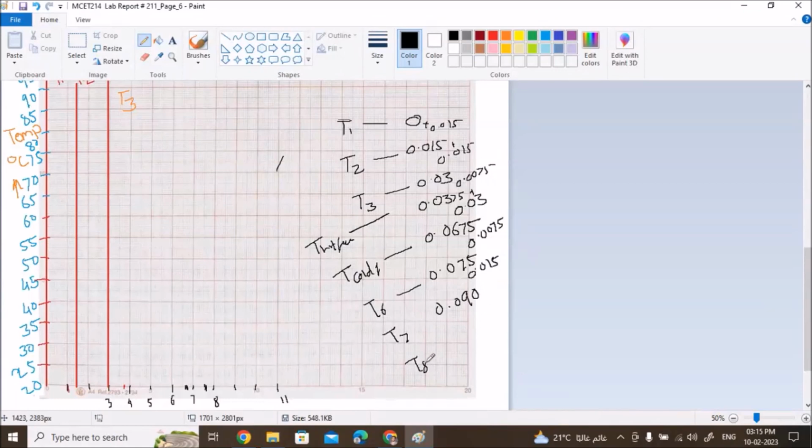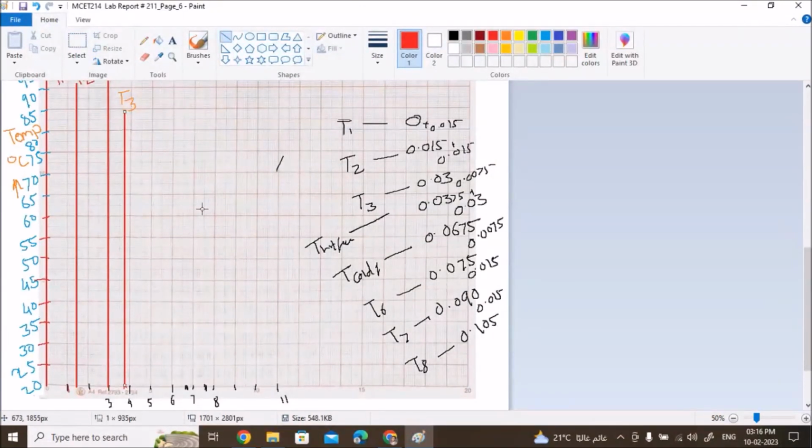Then the last, T8, again 0.015, so T8 will be 0.105. Okay, so I got all these points, and I will mark them here and make a line.